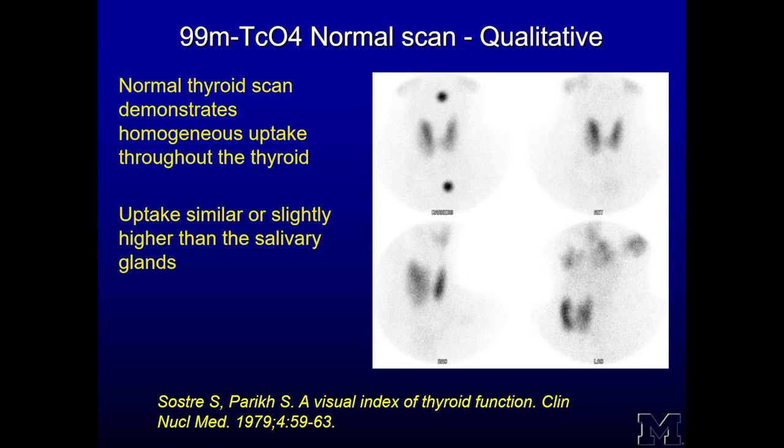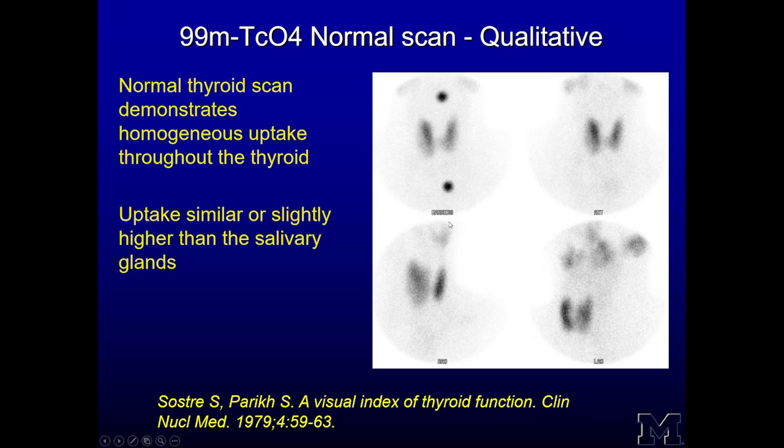Technetium pertechnetate is interpreted based on qualitative assessment of the image. A normal thyroid scan demonstrates homogeneous uptake in the thyroid gland, and the uptake should be similar or slightly higher than the salivary gland in a person in euthyroid status.